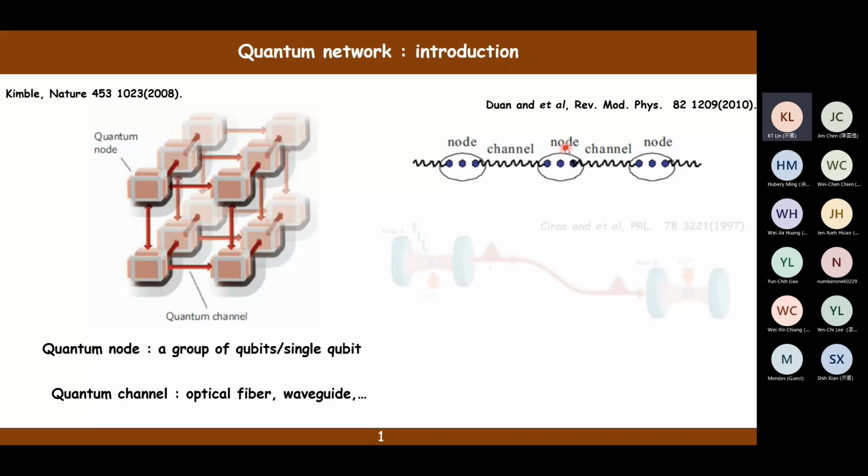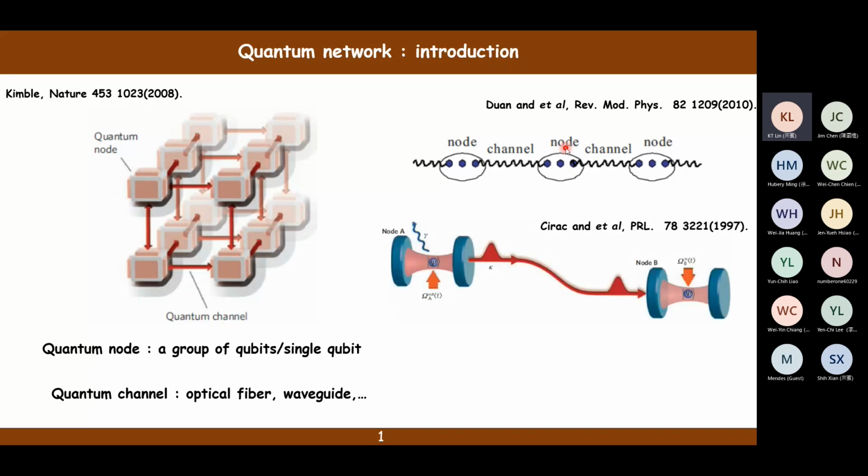For a more concrete example, suppose now we have a quantum network composed of 2 identical nodes. They are connected by optical fiber here, and each node can have an optical cavity with a qubit in the optical cavity. They can also have a beam of lasers to locally address these atoms.